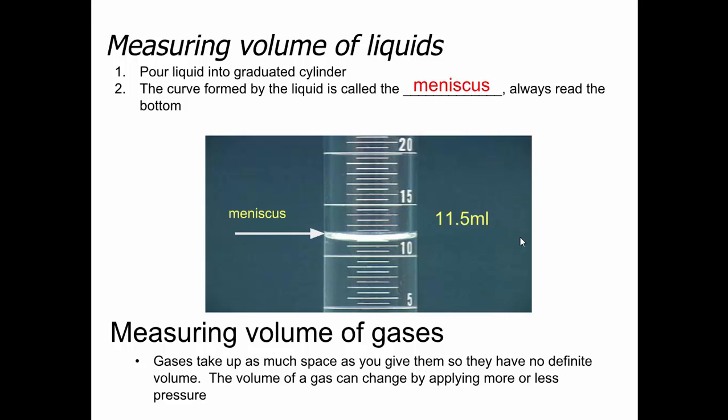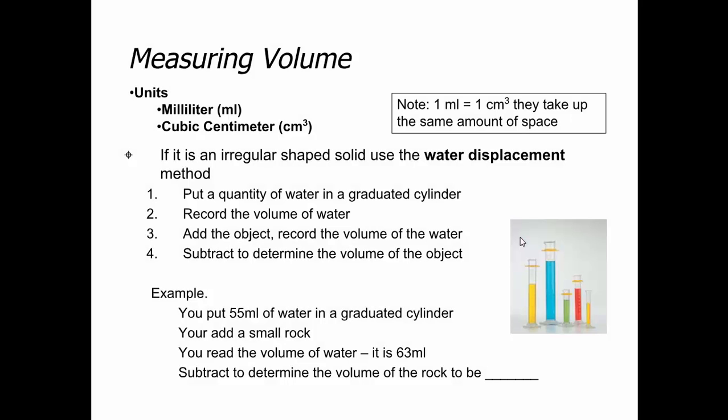If you have a balloon filled with gas, the gas is taking up the volume of the balloon. Once you let it go, the gas expands and takes up more space. You can condense gas a great deal as well. So we're not really going to measure volume of gases. They vary depending on the pressure and the temperature. So the units we typically are going to use in class are either milliliters or centimeters cubed.